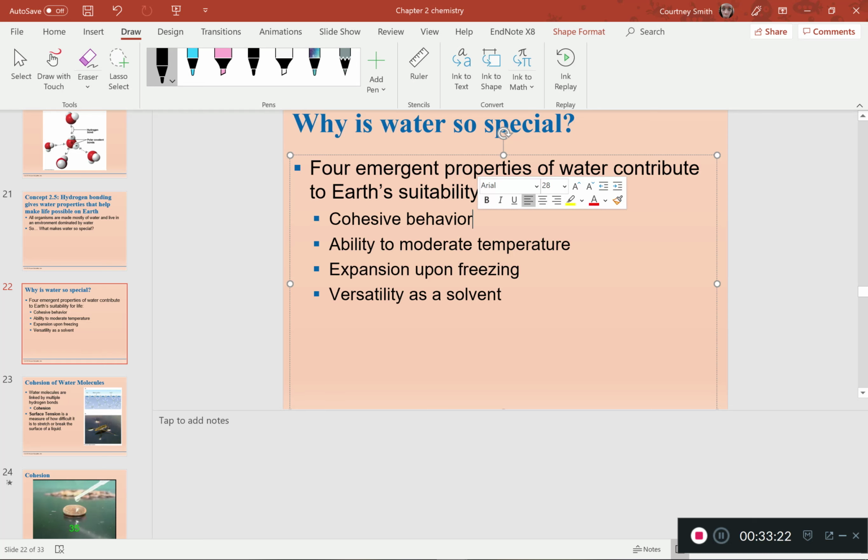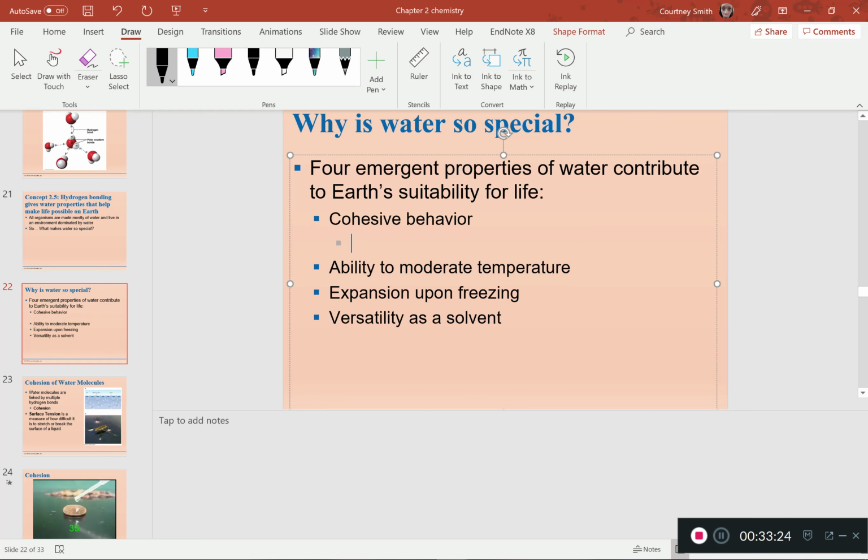And then adhesion behavior is whenever it sticks to other molecules. So that's the difference from cohesion. Co means same, together. Adhesion, you add a different molecule into water.